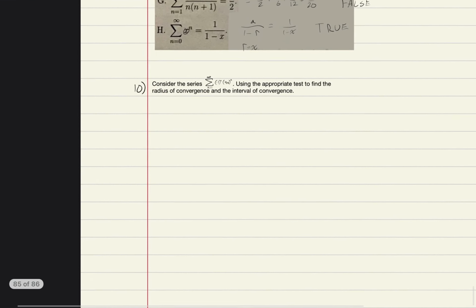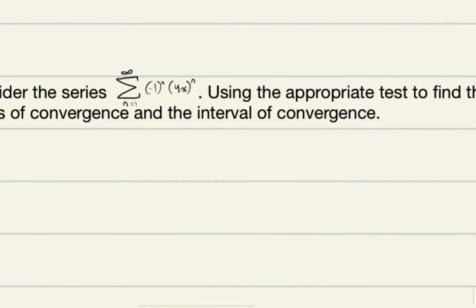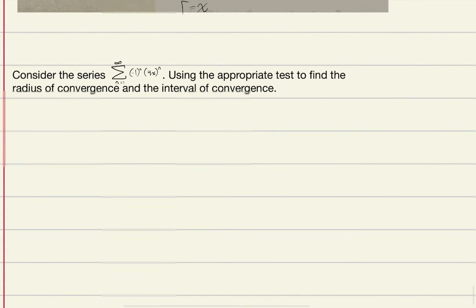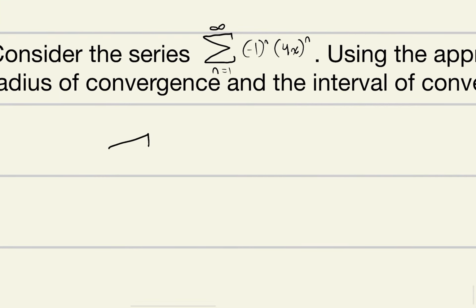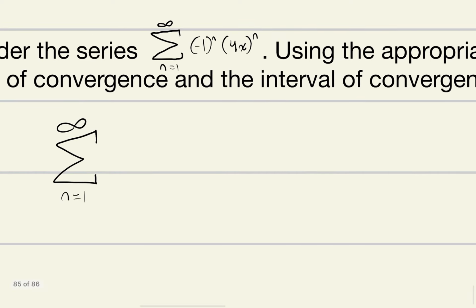Alright, now we have to consider the series -1 to the n times 4x to the n, using the appropriate test to find the radius of convergence and the interval of convergence. First of all, we can say that this is equal to -4x to the n.